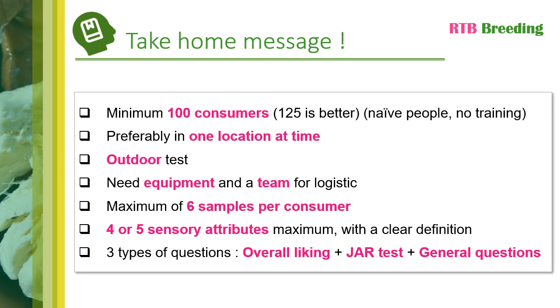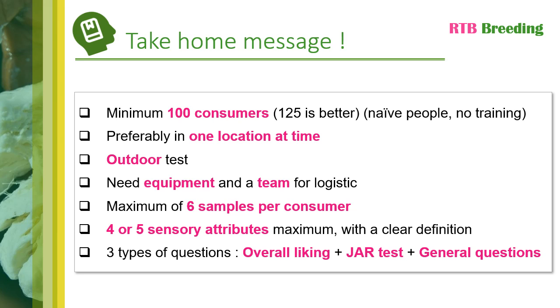Finally, here is a quick summary of the key points to remember when carrying out this type of test. At least 100 naive, untrained consumers should be interviewed. It's best to do the test in one place at a time. It's a test you can carry out outdoors, so you don't need to do it in a laboratory and call people in.